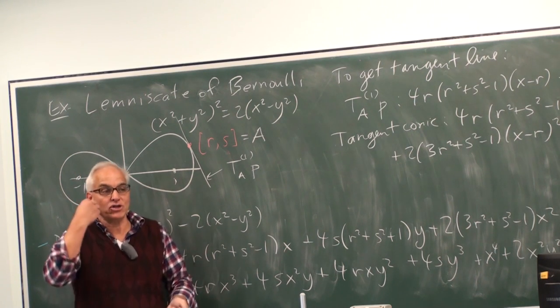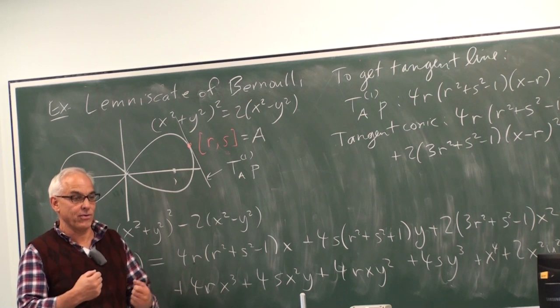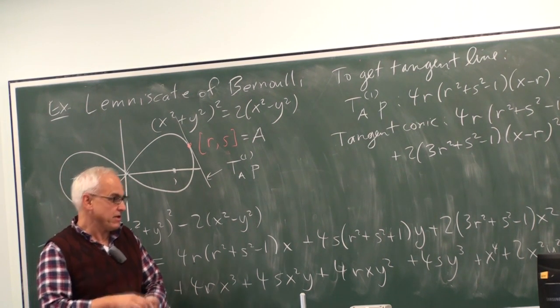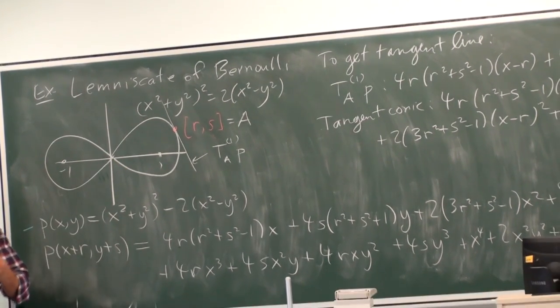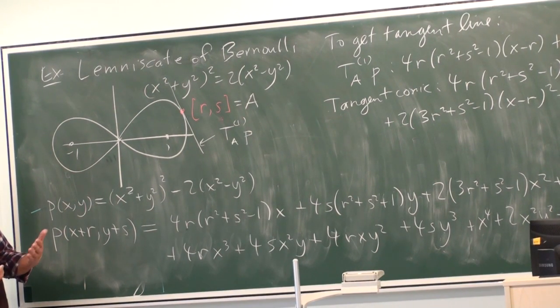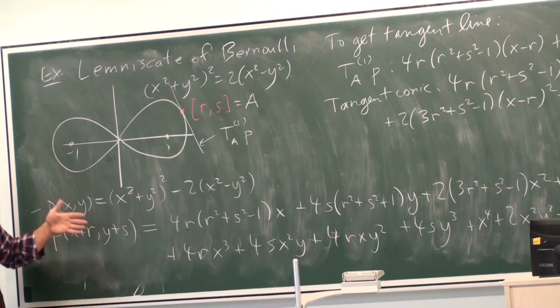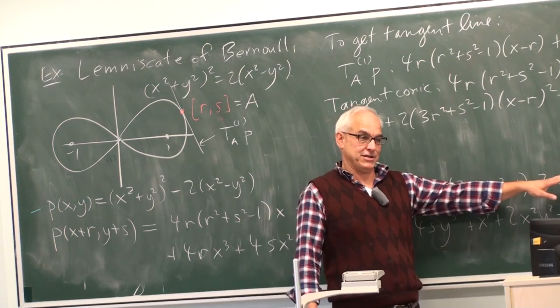So we are not actually getting a tangent line at (0, 0). I'll talk a little bit more about this. Very good, important question. There are some points where special things happen, but you're not necessarily going to pick those up in the standard form. Nevertheless, the tangent conic will still exist.